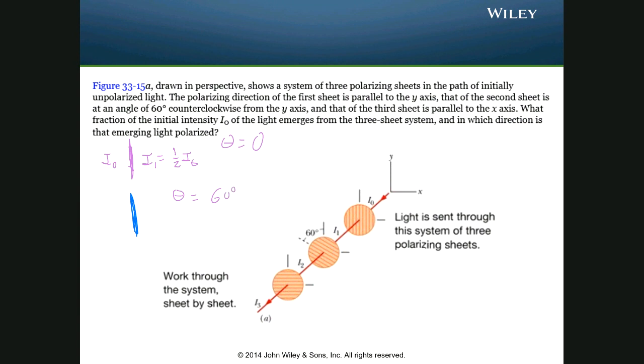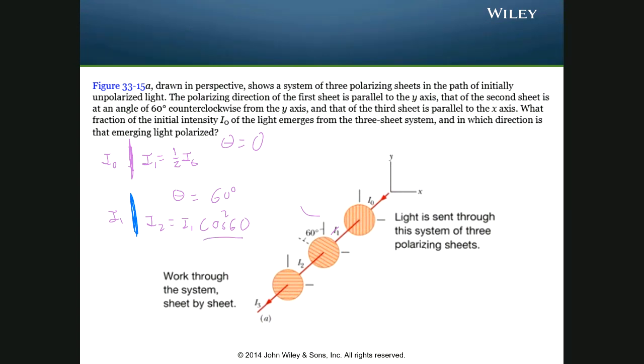Here we can see that we have I1 on this side. As we go through, we have I1, and on the other side we have I2 equal to I1 times cosine squared of 60. You can put that in your fancy calculators and figure out what this number is.